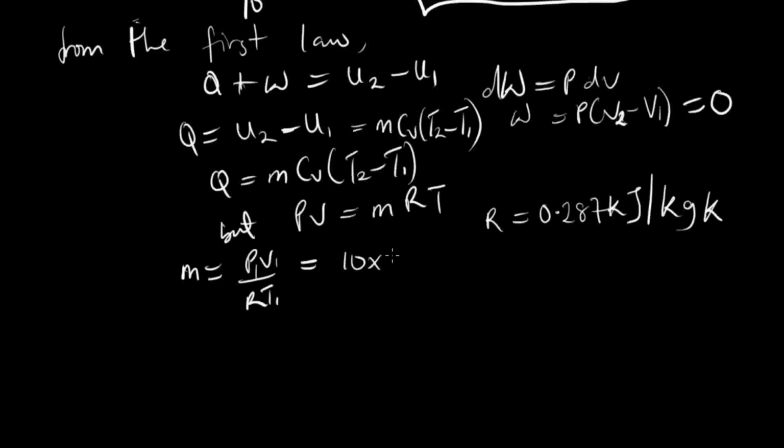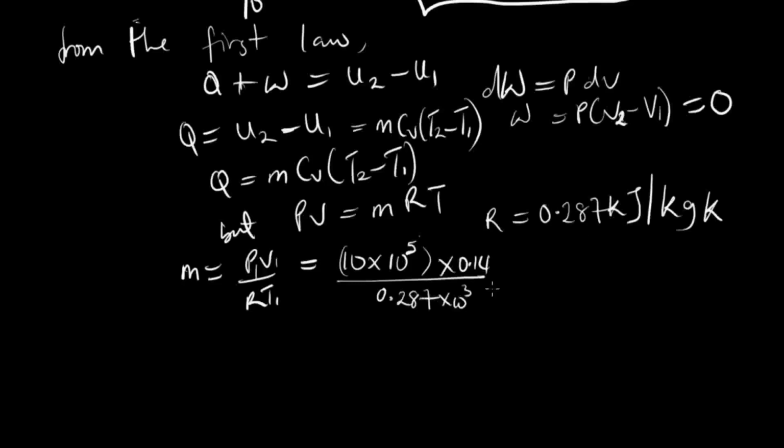Let's write everything: 1 bar times 0.14 over 0.287 times 10 raised to power 3, because it's kilo.